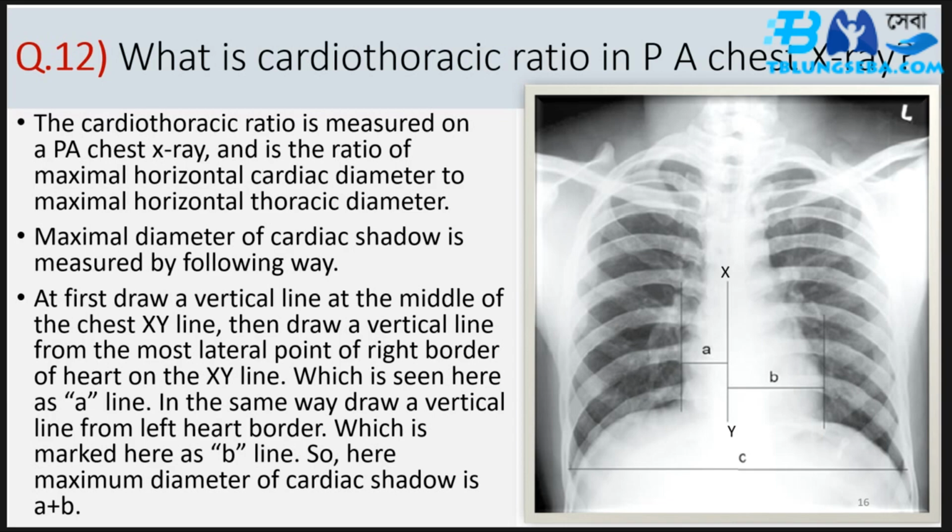At first, draw a vertical line at the middle of the chest, the XY line. Then draw a vertical line from the most lateral point of the right border of the heart to the XY line, which is seen here as the A line. In the same way, draw a vertical line from the left heart border, which is marked here as the B line. So, here the maximum diameter of cardiac shadow is A plus B.